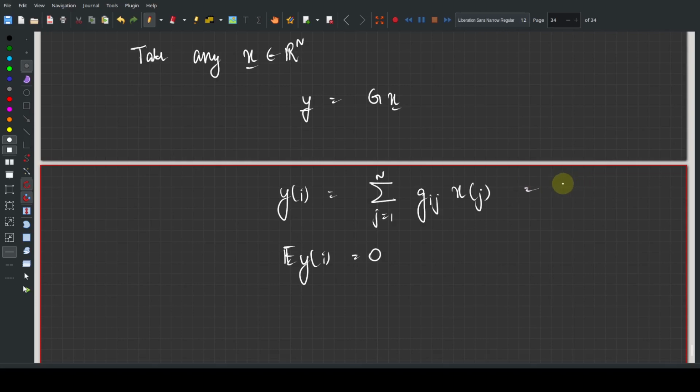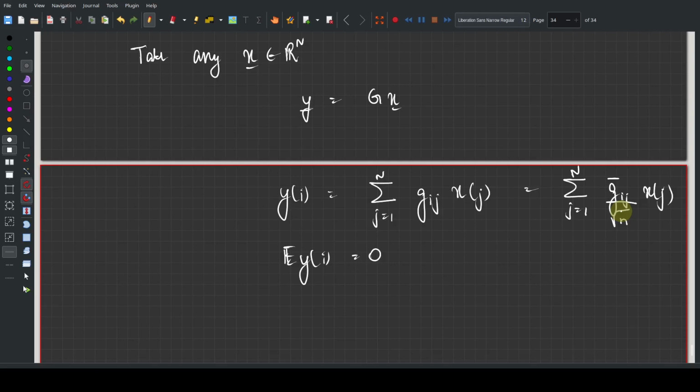This is equal to the summation j equal to 1 to n of G_ij bar divided by root n times x of j, where G_ij bar is basically Gaussian with zero mean and variance 1. Correct?